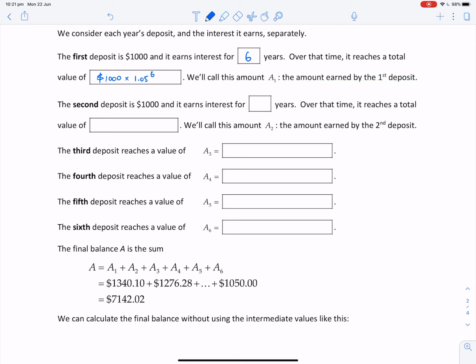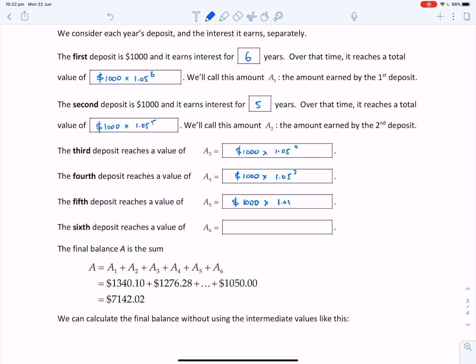The second deposit is $1,000 and it earned interest for 5 years. So over that time, it reached a total value of $1,000 times 1.05 to the power of 5. And we'll call this amount A2, the amount earned by the second deposit. The third deposit, we've got 1,000 times 1.05 to the power of 4. Fourth deposit, like so.